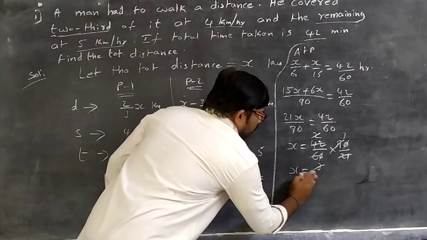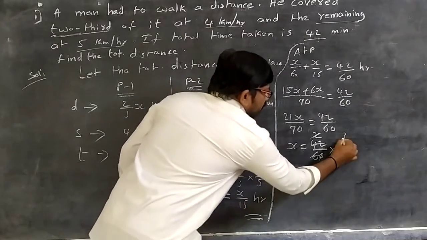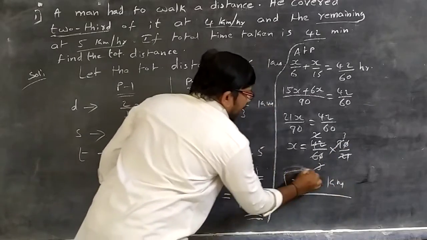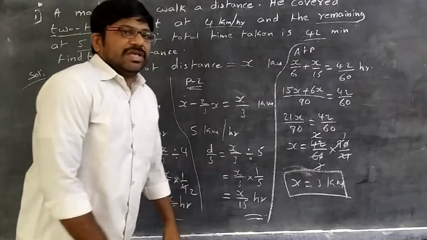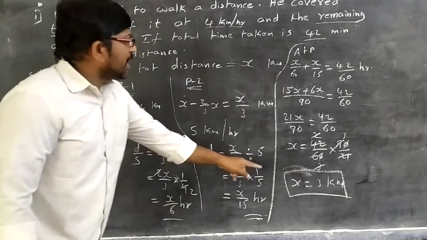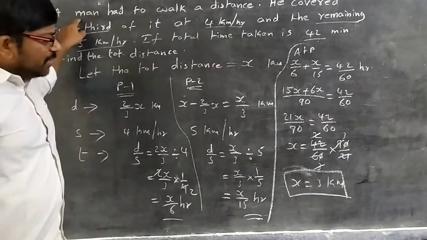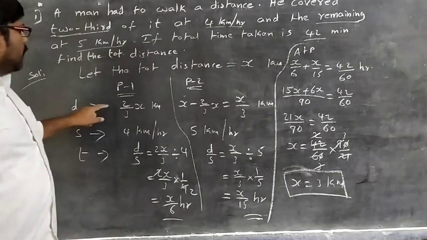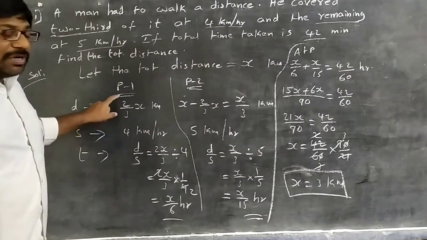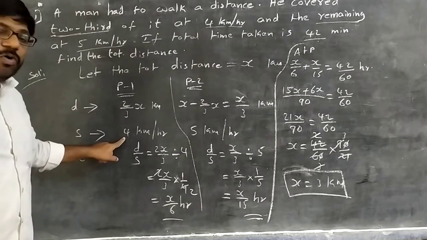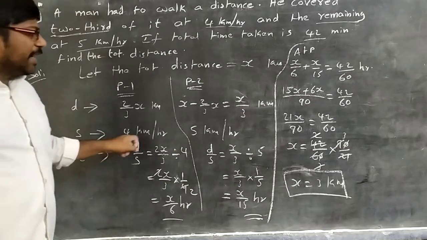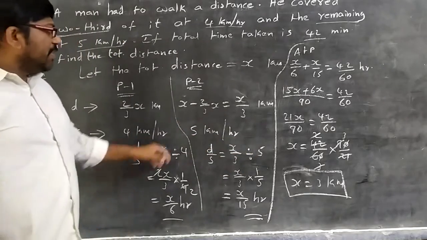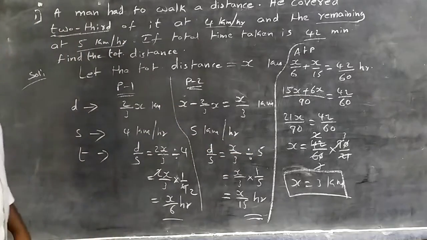So x equals 3 kilometers. This is the required total distance. The total distance traveled by the man is 3 kilometers. So in 3 kilometers, 2/3 of the distance is traveled at a speed of 4 km per hour, and the remaining x by 3 of the total distance is traveled in part 2.